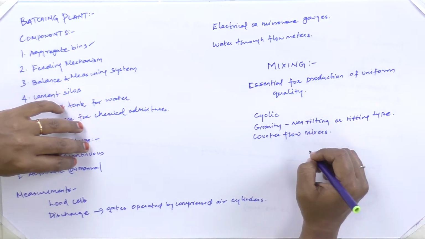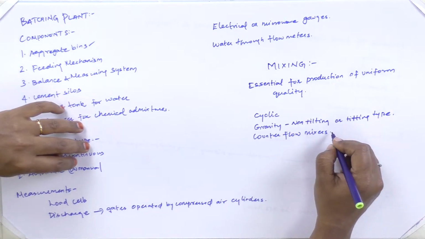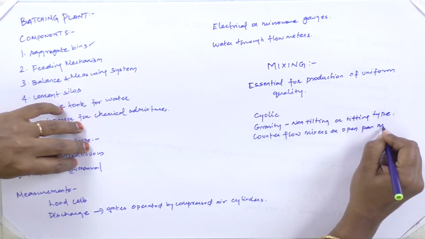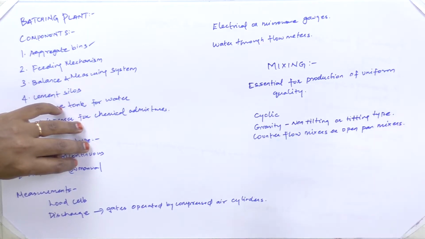And this counterflow mixers or open pan mixers, in this counterflow mixers, there will be two ends. Through one end, the ingredients of the concrete will come into the counterflow mixer and it will rotate in clockwise, and at the other end there will be the discharge point.